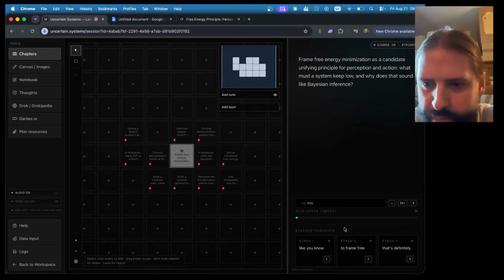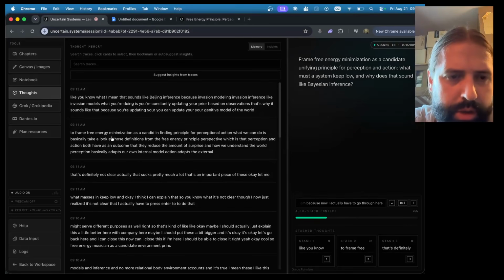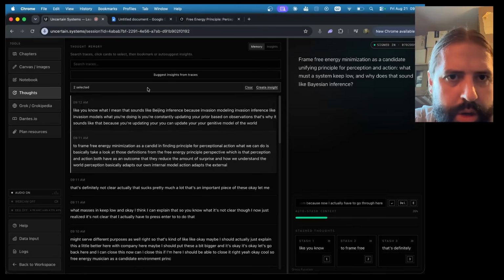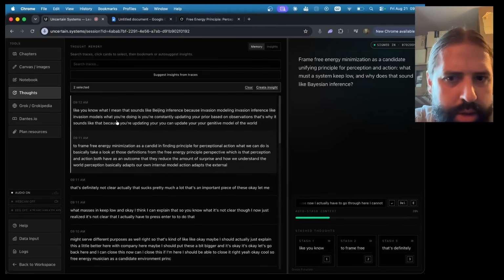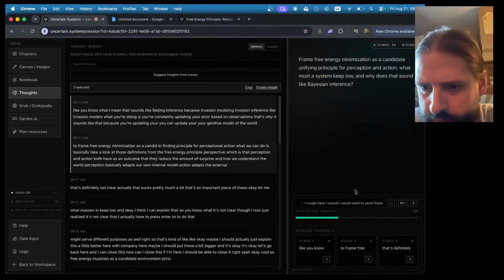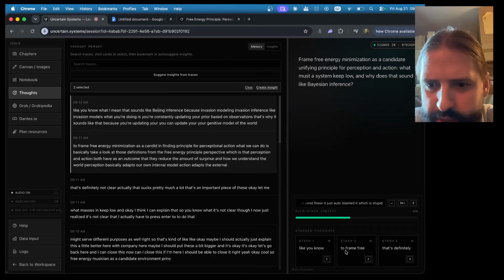Okay, this is a problem. I see now this is a problem because now I actually have to go through here. I would want to send these. It just auto stashed it, which is stupid, and it's keeping these three, which are basically the first three.